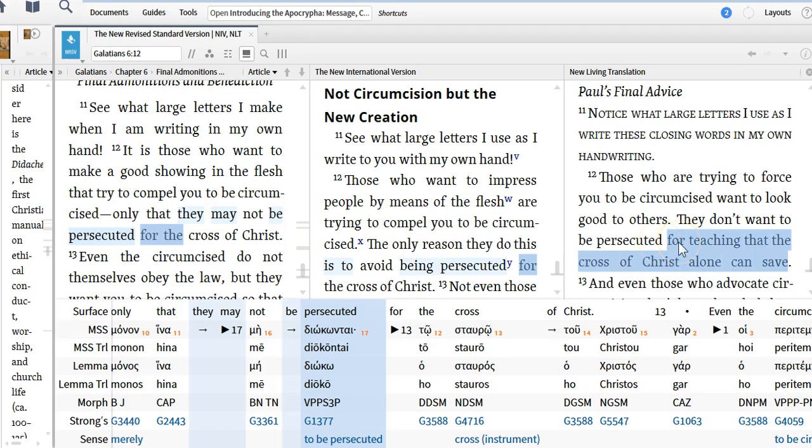So we probably would still understand the NLT understanding the cross here as a dative of cause, persecuted for the cross. It just expands this, limits it really, to their teaching that the cross of Christ alone can save, which we don't have to get into here because this is not a course on Galatians per se, but that may be an overreach on the part of the NLT translators. We'll just leave it at that.